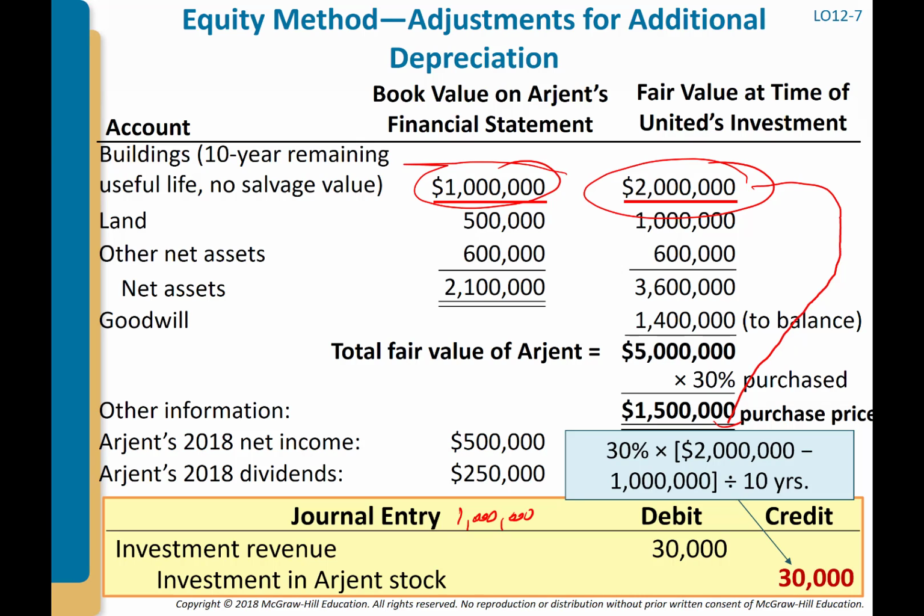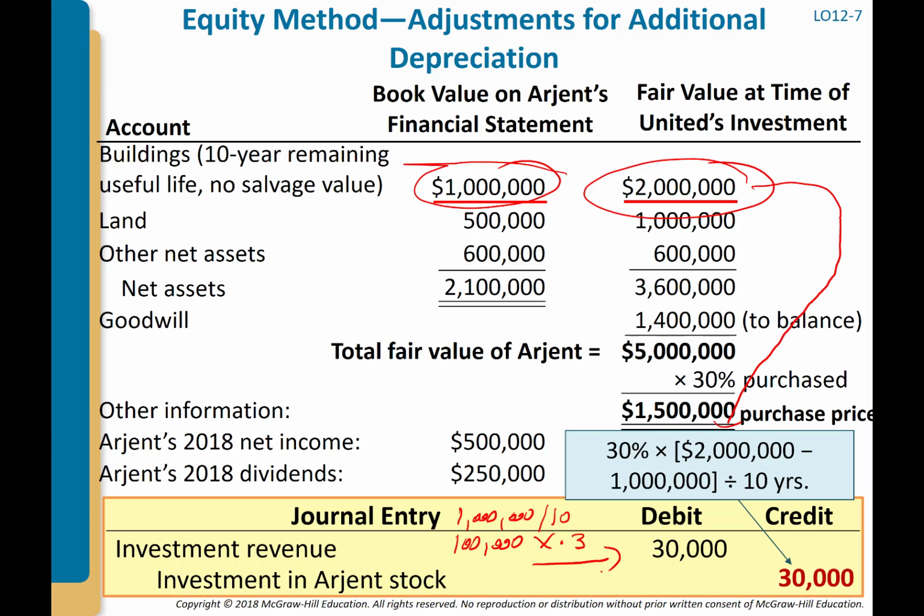And they told us that it has a 10-year life, right? So that means there's additional depreciation of how much? 100,000 a year, and I own what percent of that? 30,000. So I'm going to debit my investment revenue and credit my investment in the stock.